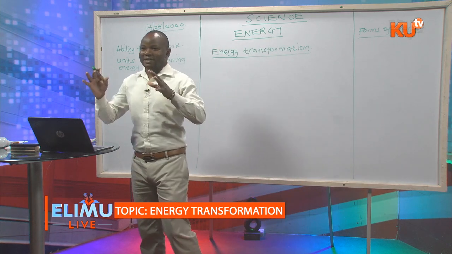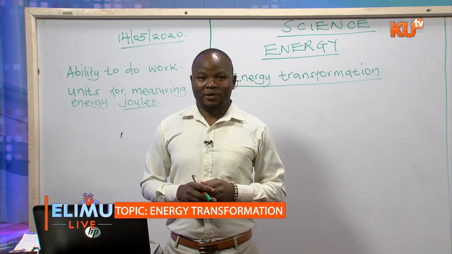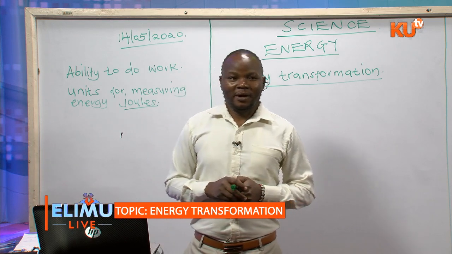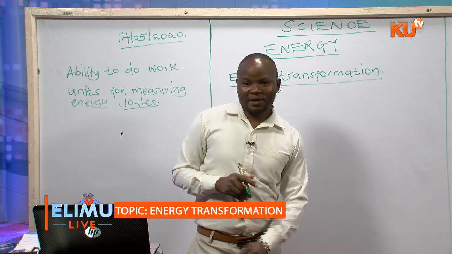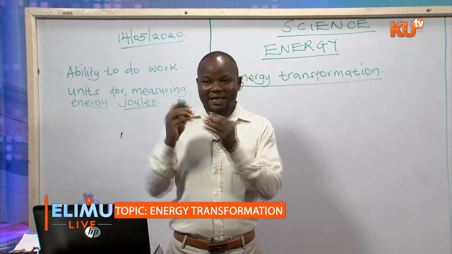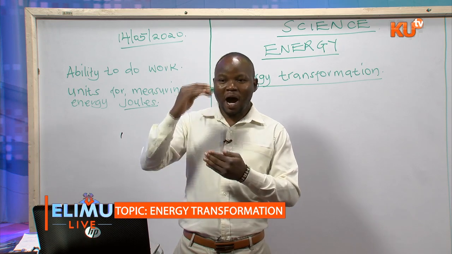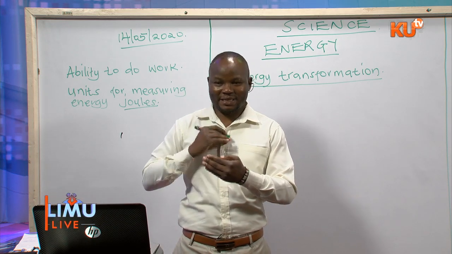We have different or various types of energy, or energy exists in various forms, and this is not the sources of energy. Electricity is a source of energy, but I'm talking about the form in which energy exists.